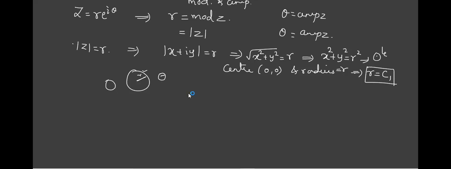Is it a line parallel to the theta axis? No, that is wrong, because x and y coordinates are different, and r and theta coordinates are different there. Understand here, if I'm taking r equal to c1, I'm taking a circle only.